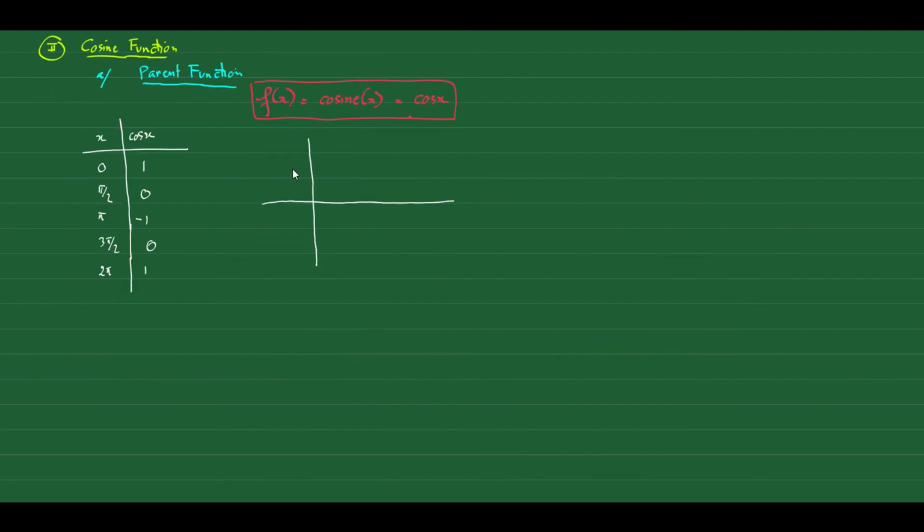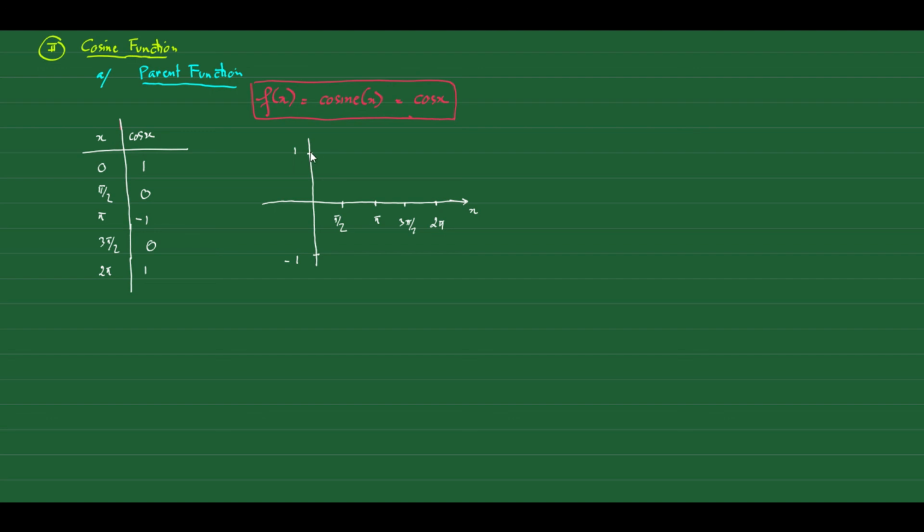Let's do a quick sketch right here. I'm going to draw one revolution, so just 2 pi. This is pi over 2, pi, and 3 pi over 2. Because this is the parent function, the a value is 1, so the amplitude is just 1 and the range goes from -1 to 1.